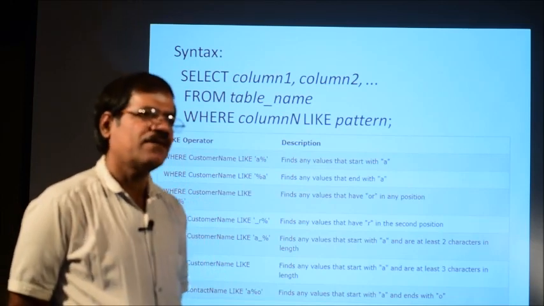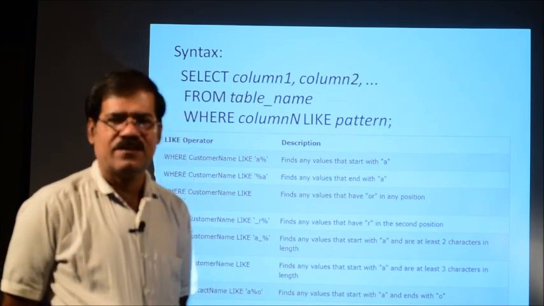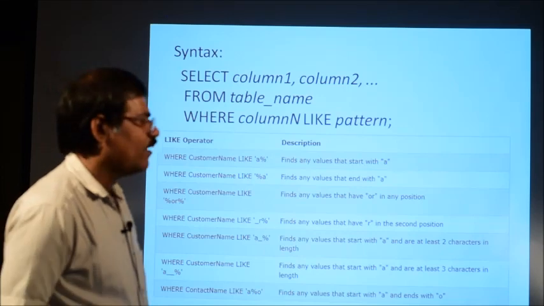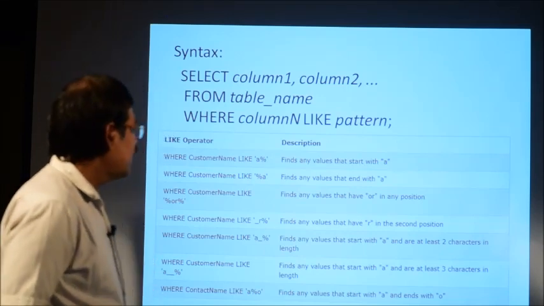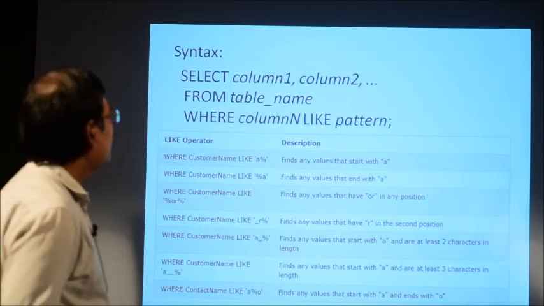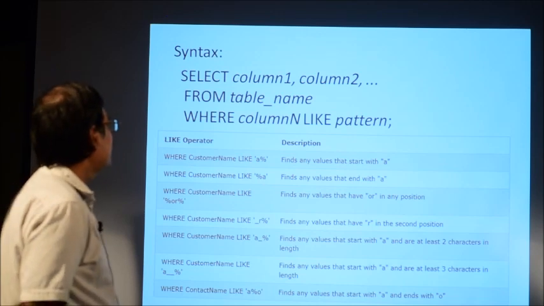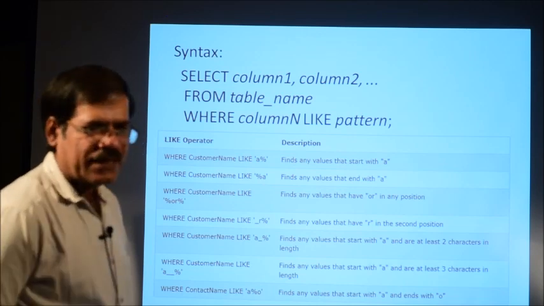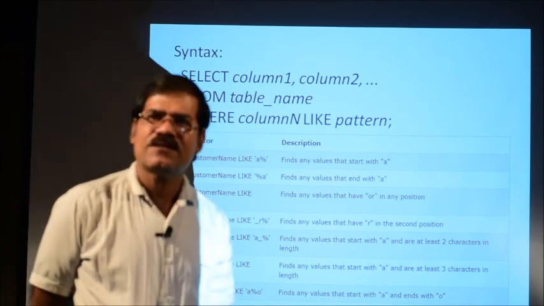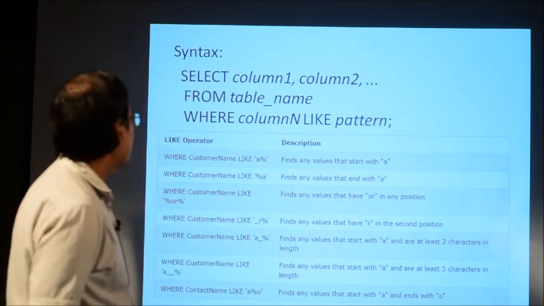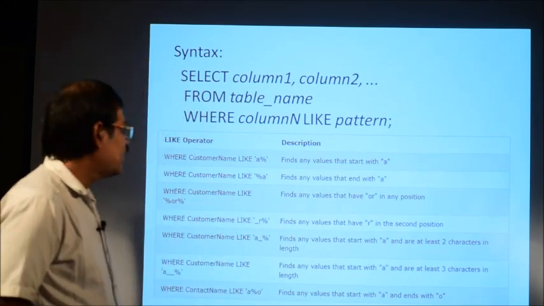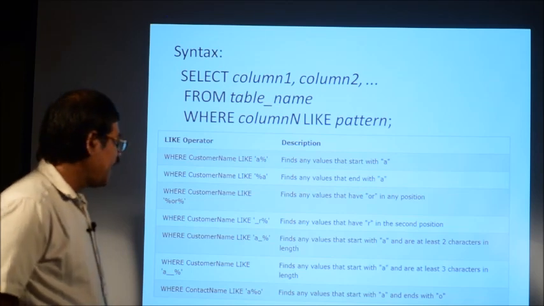If all columns are required, you write star. FROM table name, the table from which you select the columns. WHERE condition, what is your condition? WHERE column n LIKE pattern.